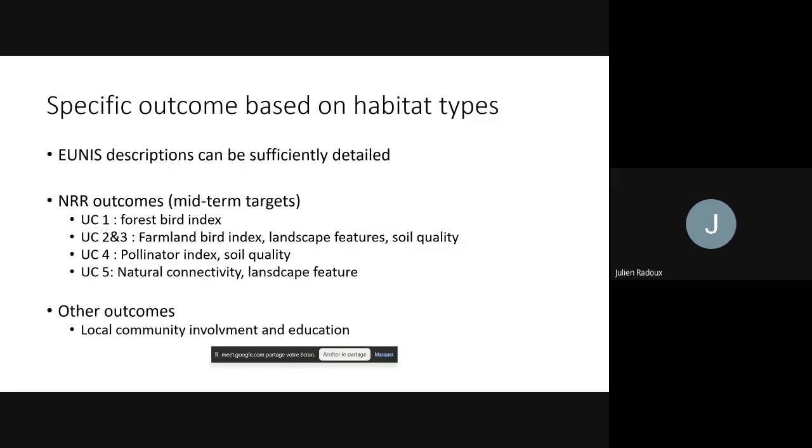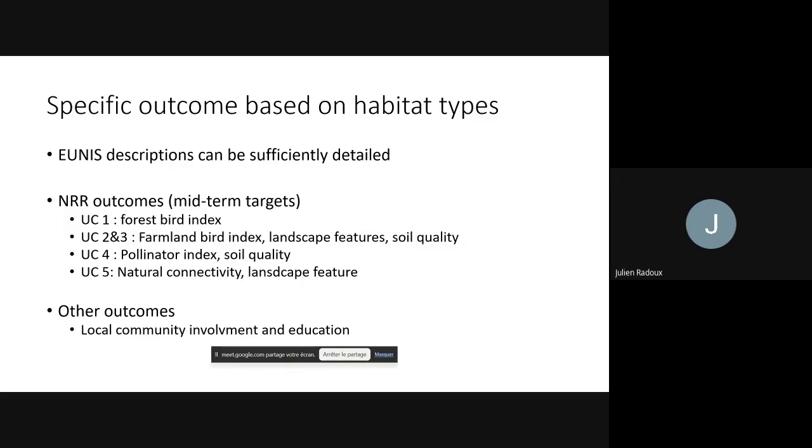For use case 2 and 3, you have the equivalent of the forest bird index. It's the farmland bird index. This is a very famous indicator that is unfortunately decreasing a lot in all of Europe.